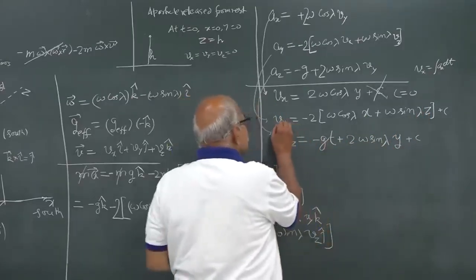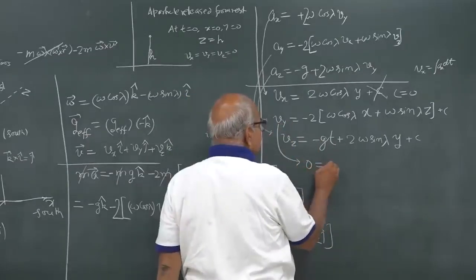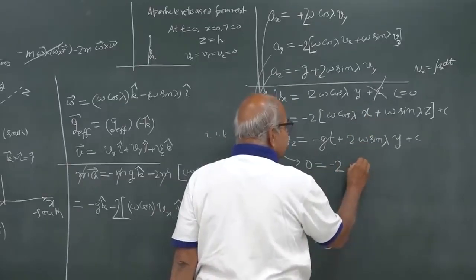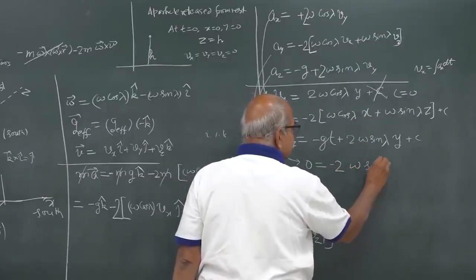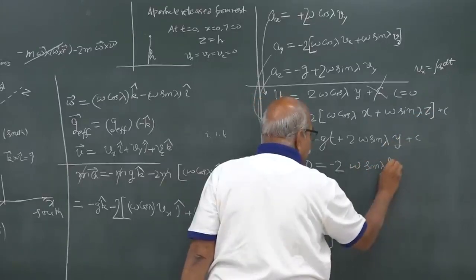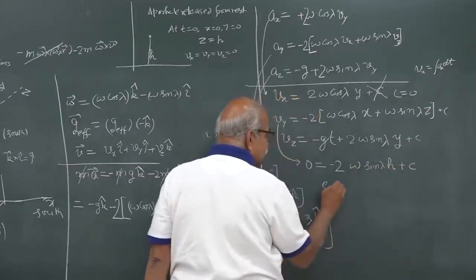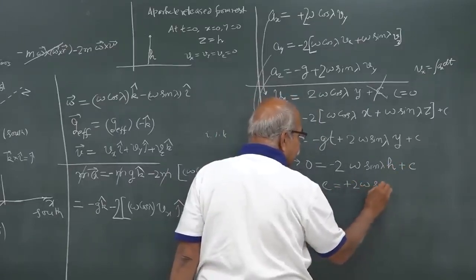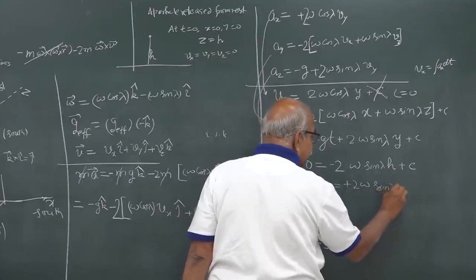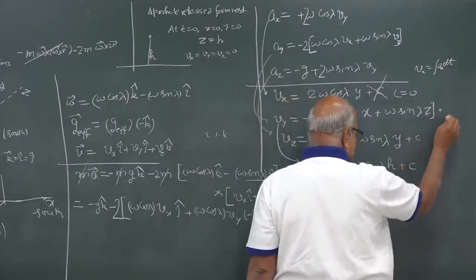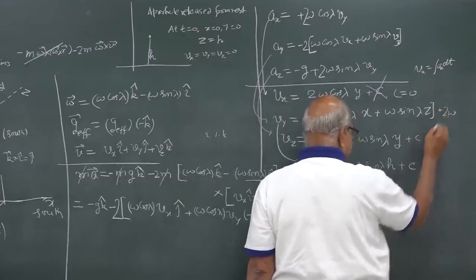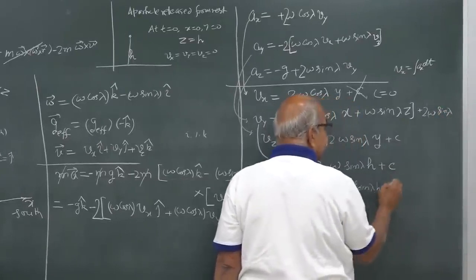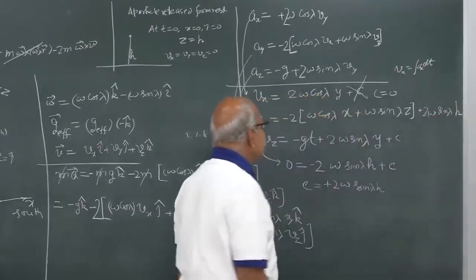So, this equation gives me 0 equal to, Vy is 0, minus 2 omega sin lambda here, x is equal to 0, and this z is h plus c. So, c is equal to minus 2 omega sin lambda z plus 2 omega sin lambda into h. So, that is c, that you have to write here, plus 2 omega sin lambda and then h. So, this is that constant.